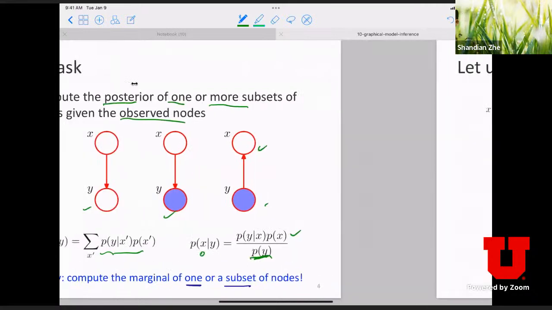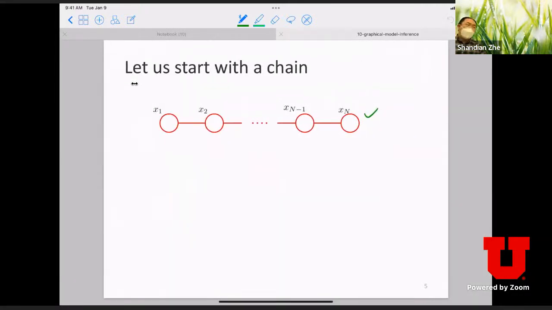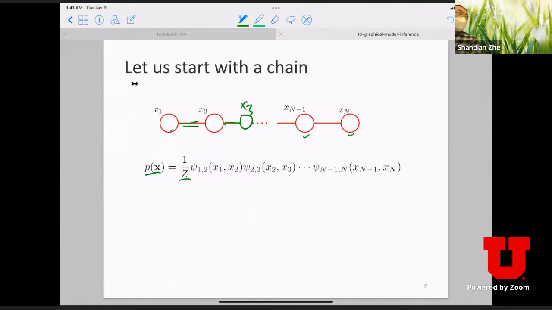But let us consider a slightly more complex graphical model, which is the chain graphical model. We assume that we have big N nodes in our graphical model, and they're connected via a chain, so between every pair of successive nodes there is an edge. Because it's an undirected graphical model, associated with every maximum clique, which corresponds to a pair of successive nodes, is a potential function.